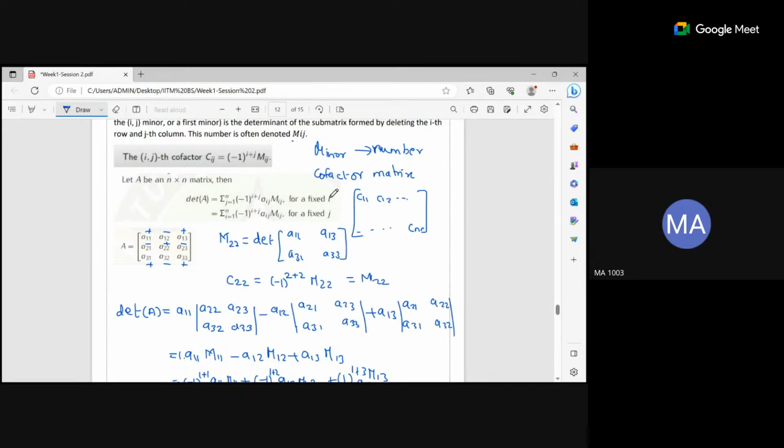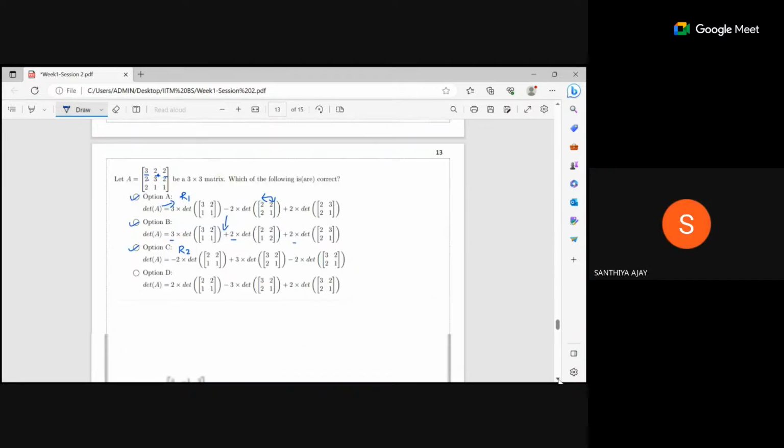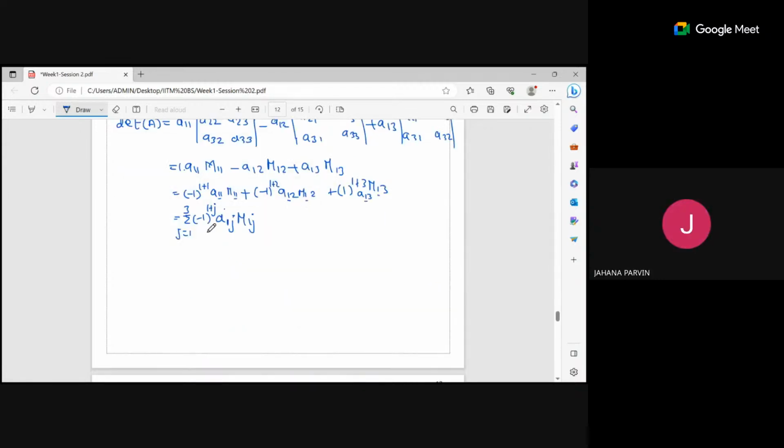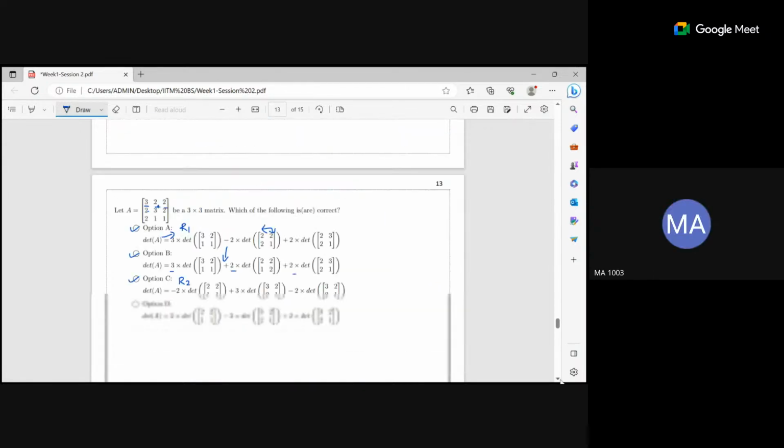In option C, they have considered that i as 2. And in option D also they are considering i as 2, but they missed this point that you have to use minus 1 power i plus j. That they missed. Alright? Yes. So that is why option D is incorrect. Is that fine? Okay, ma'am.